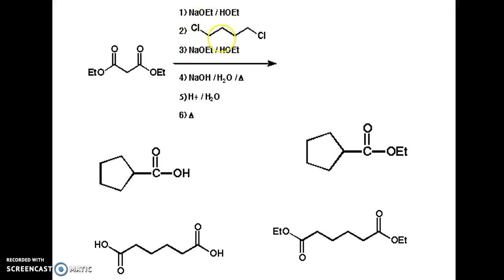Then treatment with sodium ethoxide would cause deprotonation and attack at the other end. Treatment with sodium hydroxide would cleave off the esters. Treatment with acid would protonate, and then heat would decarboxylate. So what would we end up with? One of these gone, this being an acid group, and then 1, 2, 3, 4 carbons attached to here. And that would be this compound right here.